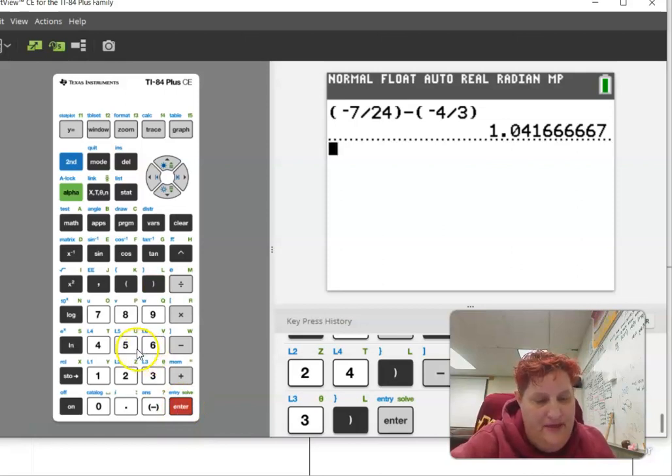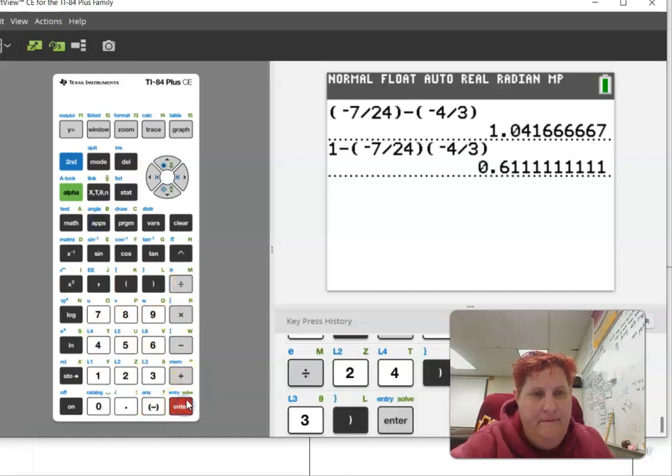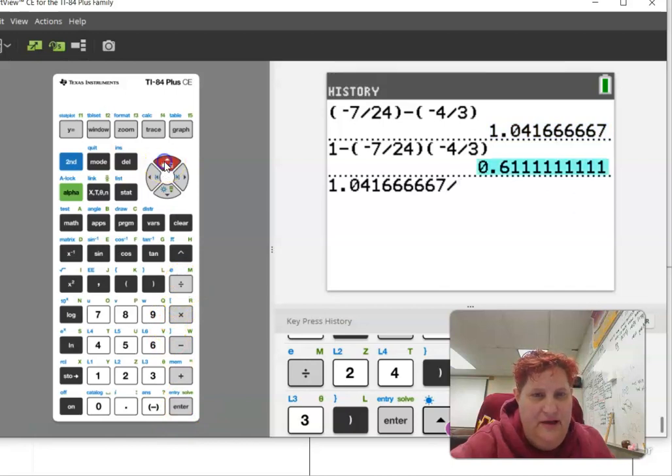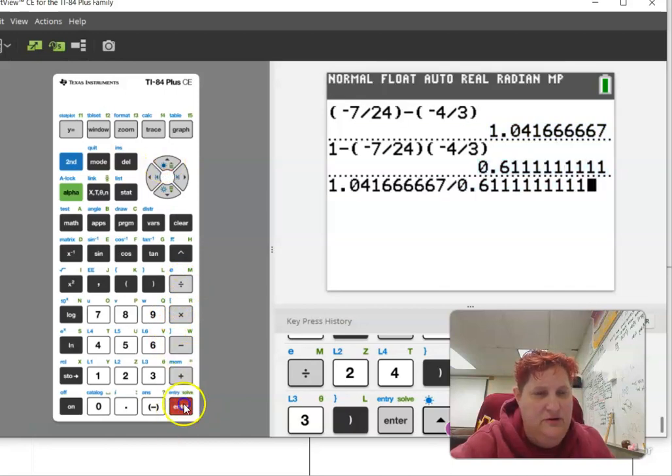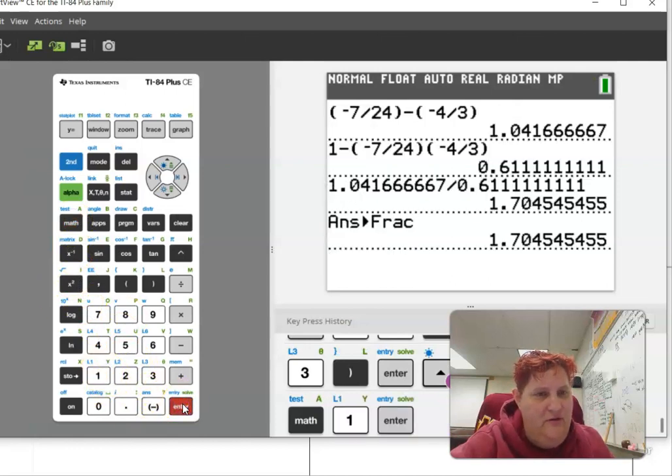Then let's do the bottom: 1 minus parenthesis negative 7 over 24 times negative 4 over 3. Then we're going to arrow up to push enter, divided by arrow up to push enter, and then hopefully this works. We're going to push math fraction. Nope, didn't work. So now we've got to use some fraction stuff, okay?